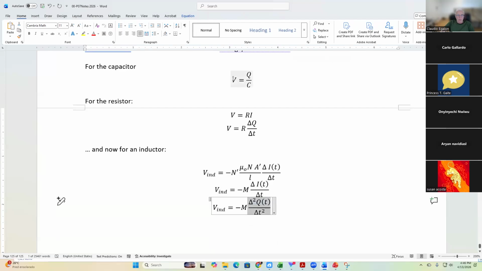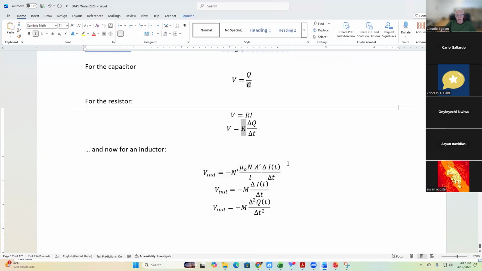We have V on the left side for all those three devices. We have something that relates to the charge of the device at different powers. And then we have something else that defines some characteristic of the device itself, which is a function of its geometric parameters.